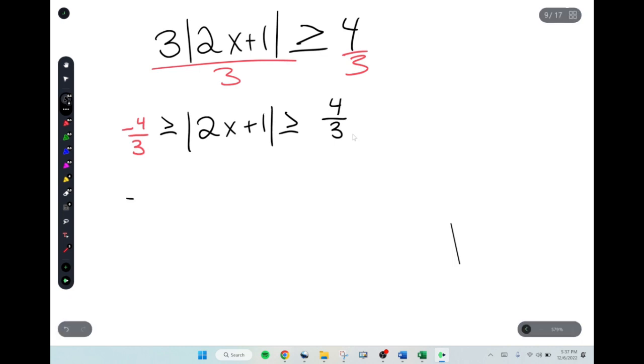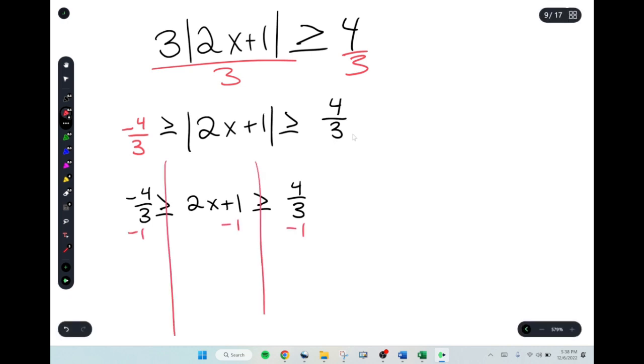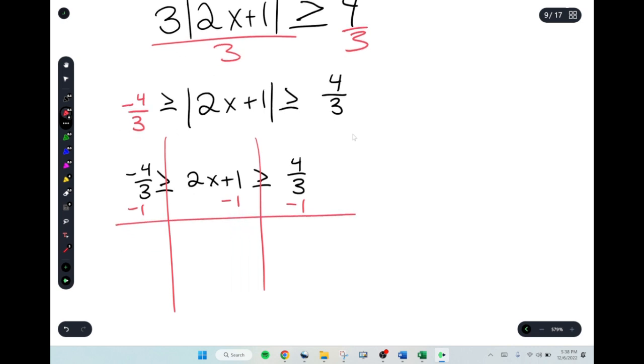So now we've got negative 4 over 3 less than or equal to 2x plus 1, less than or equal to 4 over 3. Now what? So, would we just subtract 1? Divide both sides? No. Oh, you're just talking about because of fractions?